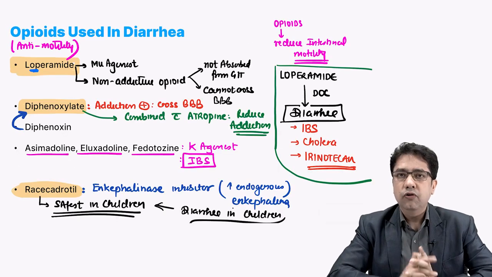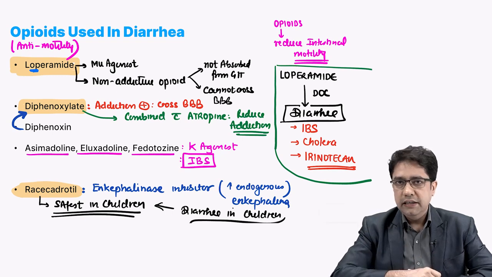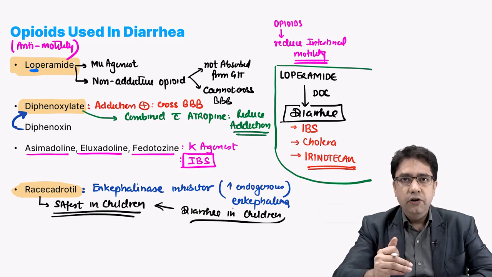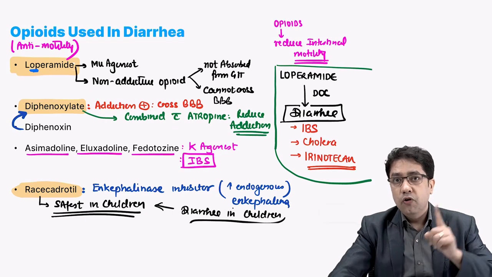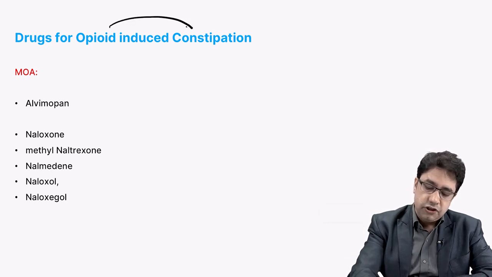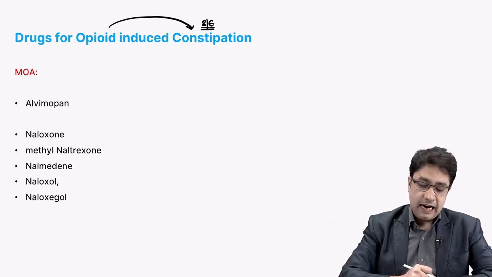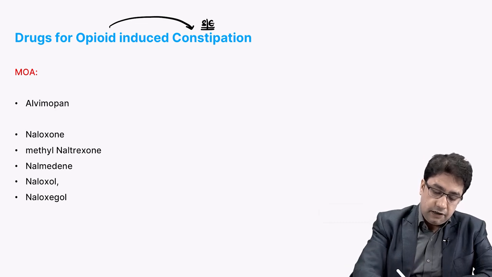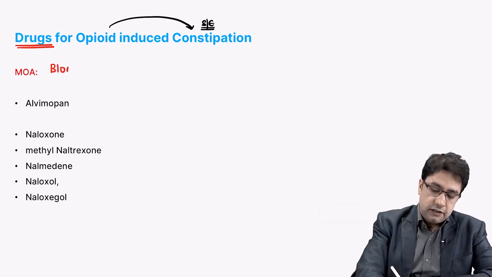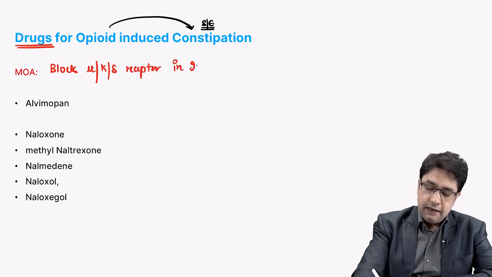Now beta, we know that opioids reduce motility of the intestine. They are given in the treatment of diarrhea. So can you tell me what opioids themselves can produce? Opioids themselves produce a side effect of constipation. So a side effect of opioid is constipation. And that is why we have made drugs for the treatment of opioid-induced constipation. These drugs block the mu, kappa and delta opioid receptors in the intestine.